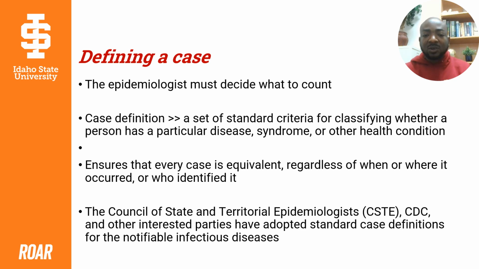So to ensure that all health departments in the United States use the same case definitions for surveillance, the Council of State and Territorial Epidemiologists, CSTE, the CDC, and other interested parties have adopted standard case definitions for the identifiable infectious diseases. These definitions are revised as needed.